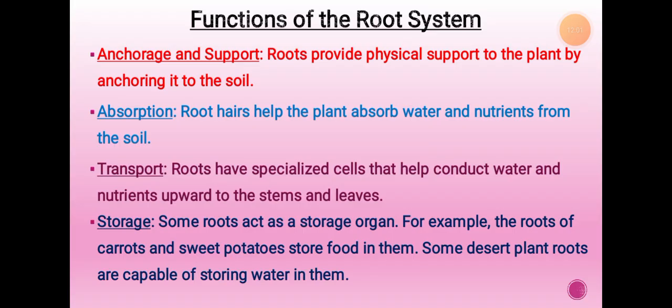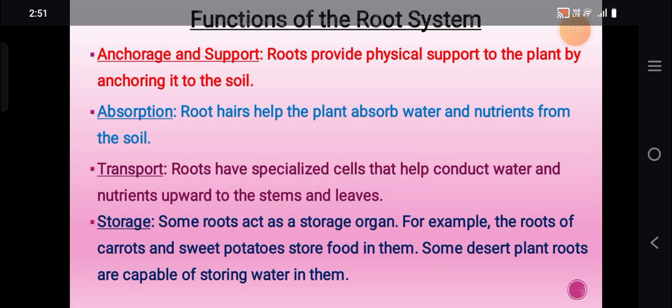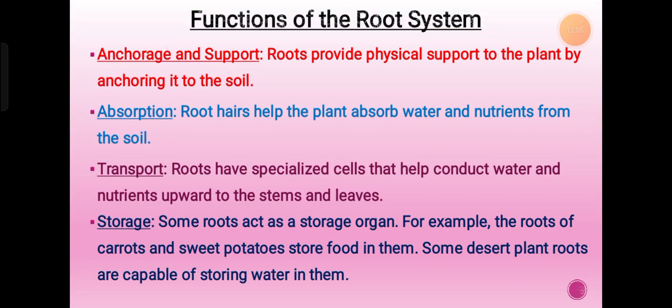Then we have transport. Roots have specialized cells that help conduct water and nutrients upward to the stems and leaves. There are many specialized cells present in the roots which help them take in all the water and nutrients.